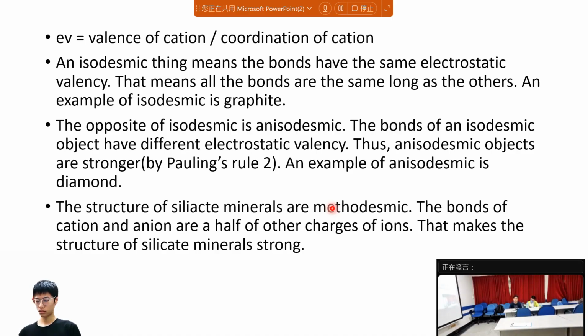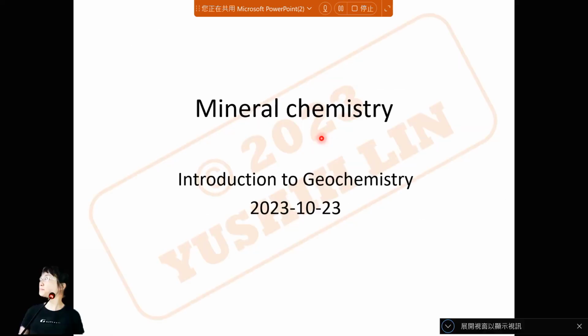Is oxygen the cation or the anion? Yeah, I guess it's anion. Right. Here you almost wrote the correct answer. The bond strength between this combination is always half of the charge of the anion. This is particularly important because this explains the behavior of silicate, which will be our major role today.